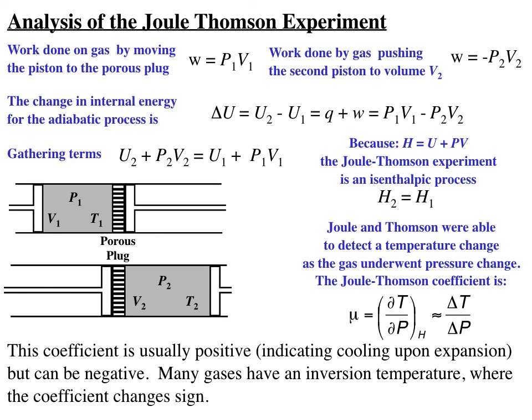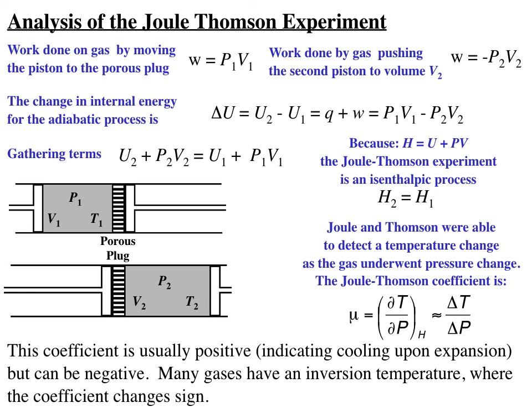In an isenthalpic process, the enthalpy is a constant. So this is a constant enthalpy experiment being performed, and they are measuring how the temperature changes with the change in pressure during this isenthalpic process.